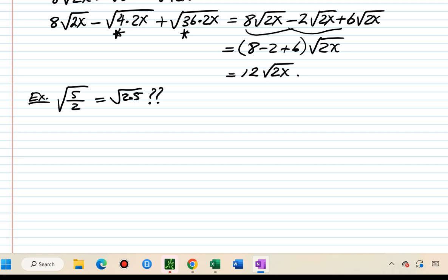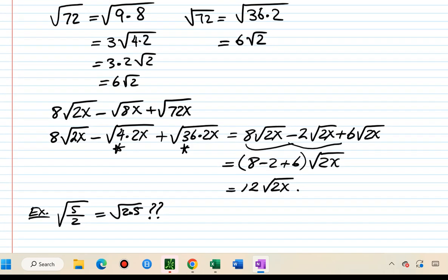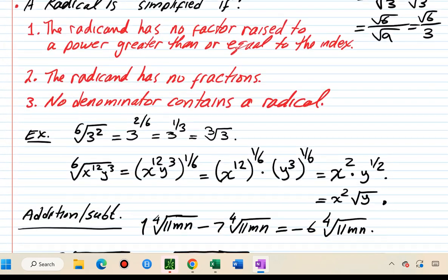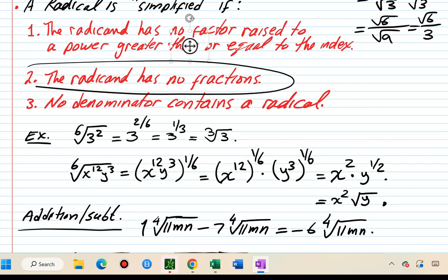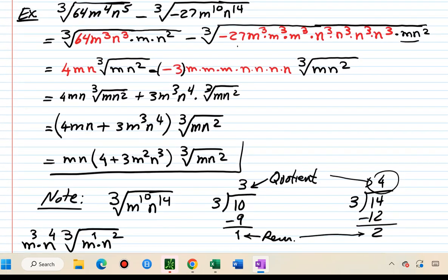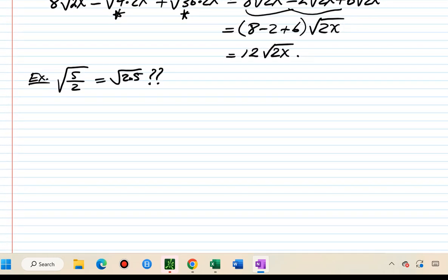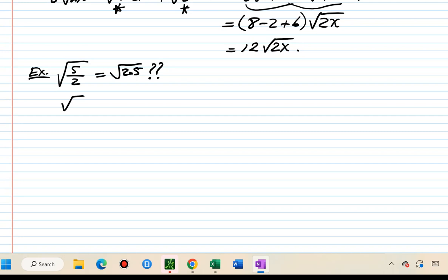So what we do, remember, one of the rules of a radical in simplest form is number 2. We said no radicand is allowed to have a fraction. Well, look at the radicand here. The radicand is indeed a fraction. So we need to split it into the numerator and the denominator.